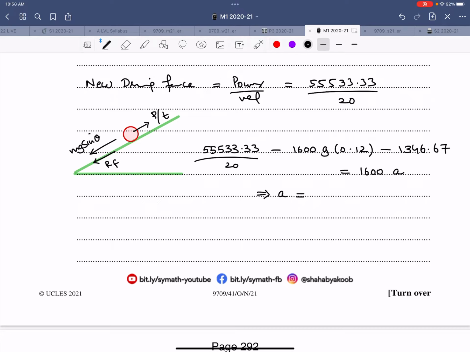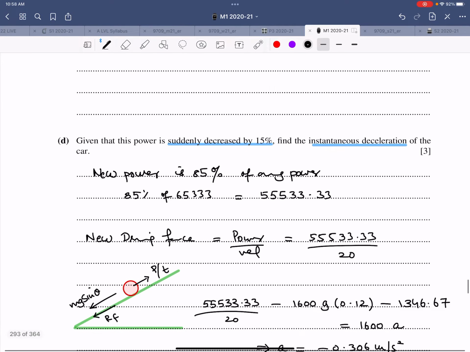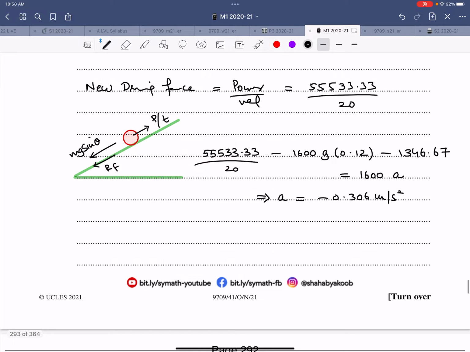In other words, the car is decelerating. So the value of this acceleration is something like negative 0.306, 0.306 meter per second square. Now let's double check. They are asking for deceleration, therefore the deceleration is 0.306 meter per second square, because the word deceleration has a negative connotation. A negative sign is already part of this value.